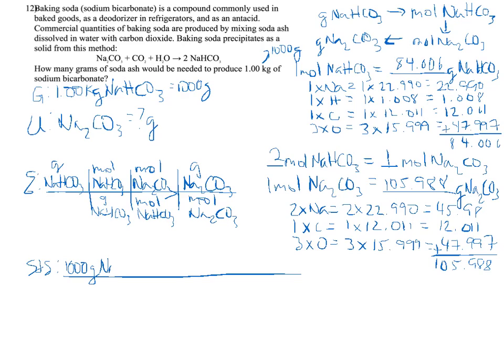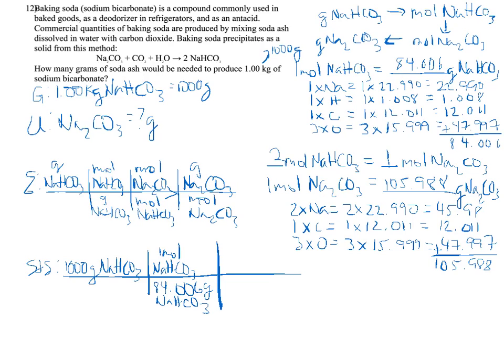Okay, so then substituting in to solve, we're given 1,000 grams of NaHCO3. Remember, it's always 1 mole for your molar mass. And then we take our molar mass of sodium bicarbonate, which is 84.006 grams of NaHCO3.